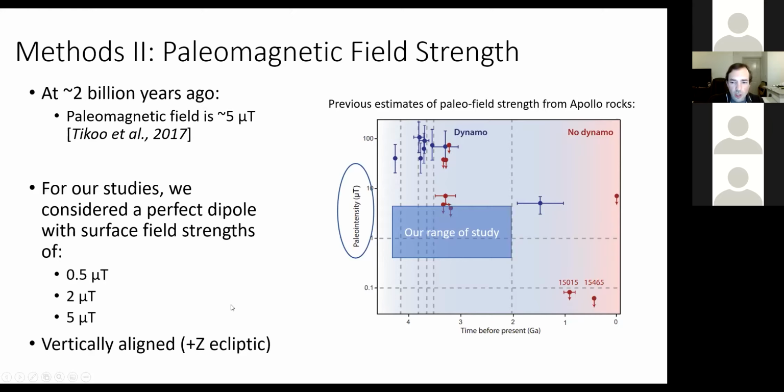We also don't want to be too recent because the solar wind had different behavior in the past. So that's the next part. But anyway, we go up to 5 microtesla, which is kind of within the range of rocks you can see here. It gets very strong, but we don't need to go so strong to make a magnetosphere.